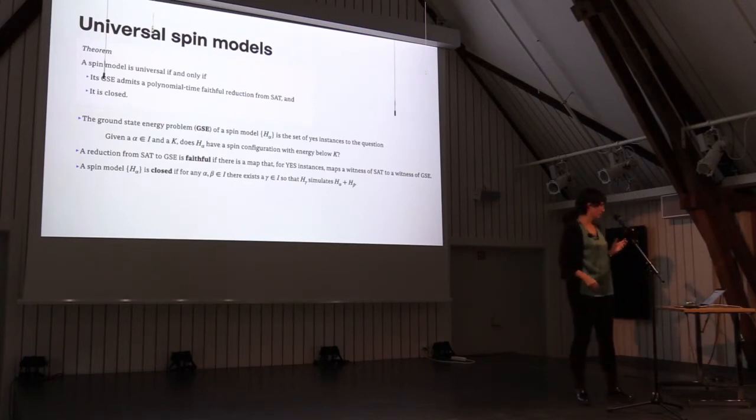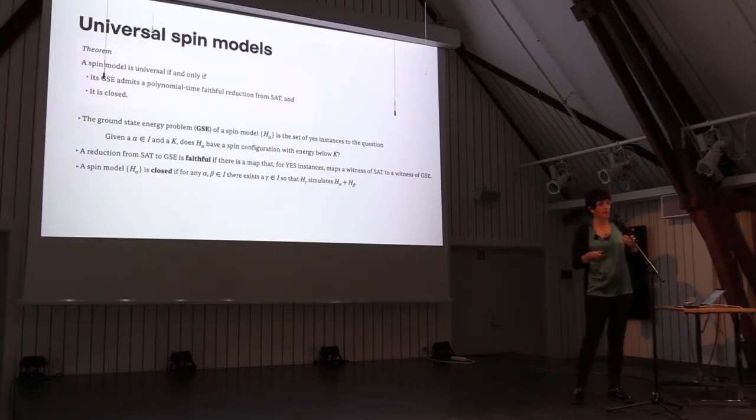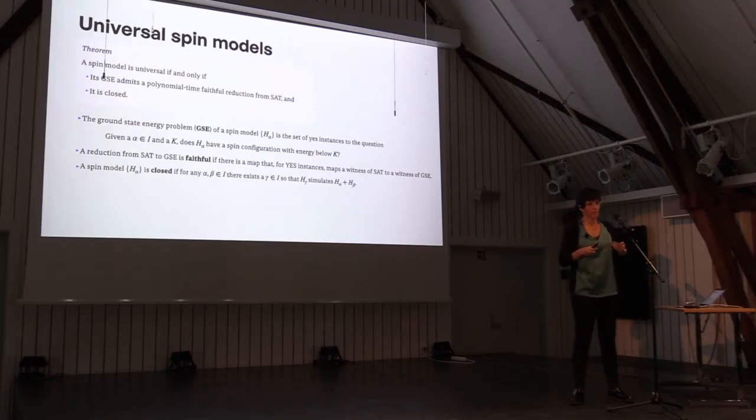So a spin model family is closed if for any two elements in the family, there exists a third element, gamma, so that H gamma simulates the sum of the previous two elements.